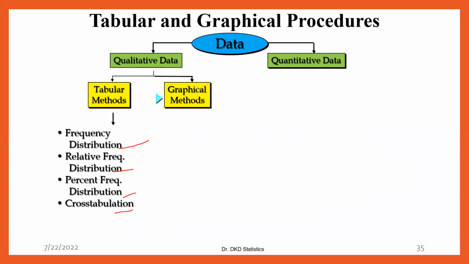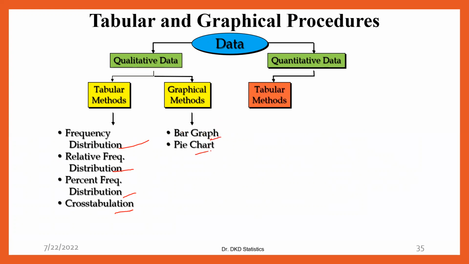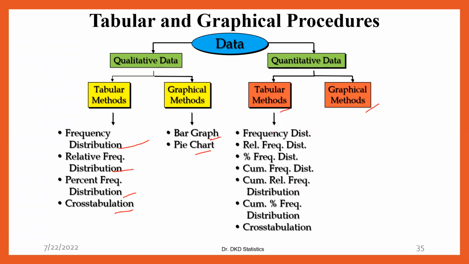For graphical presentation, we can create bar graphs and pie charts. Again, if we have quantitative data, we can use tabular methods and graphical presentation. In tabular methods, we can create frequency distribution, relative frequency distribution, percent frequency distribution, cumulative frequency distribution, cumulative relative frequency distribution, cumulative percentage frequency distribution, and cross tabulation. Such kinds of analysis we can put in the tabular methods.